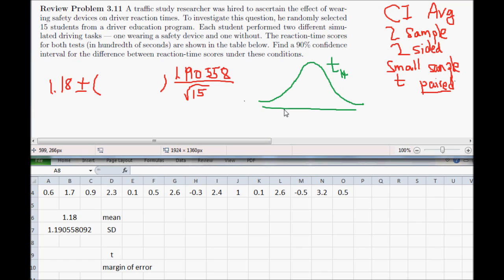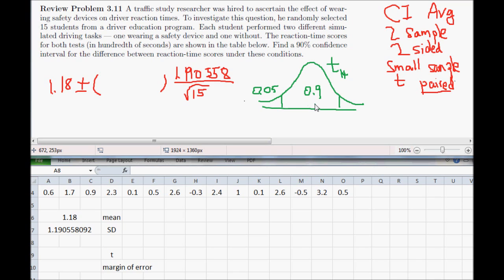And I need a 90% confidence interval, so I need 90% of the area to lie in the middle. And because there are tails on the side here, that's why I have a two-sided. Okay, so 0.9, that means that 0.05 lies in either tail.